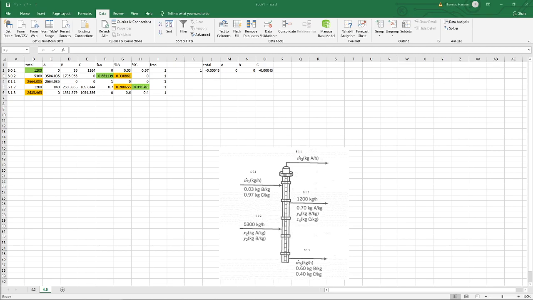So, do I have one where it isn't? Oh, okay. So we will move on to another assignment. I'll just find one with more unit operations.